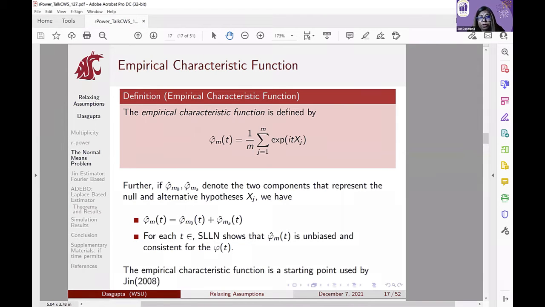And if you look from the last slide to this, all the empirical characteristic function does is basically take the expectation and replace it by a sum. So 1 over m, it's like the mean of it, actually taking the mean of it.